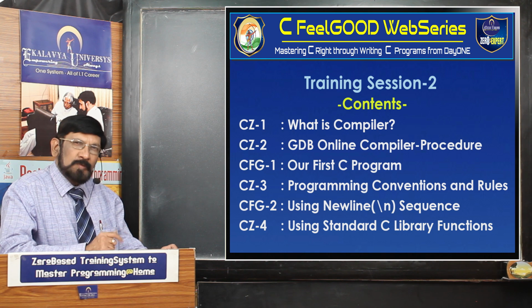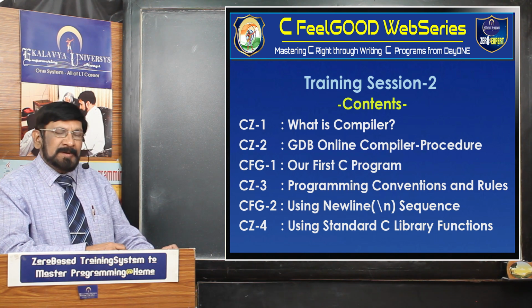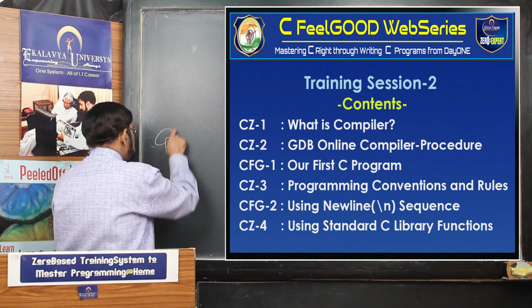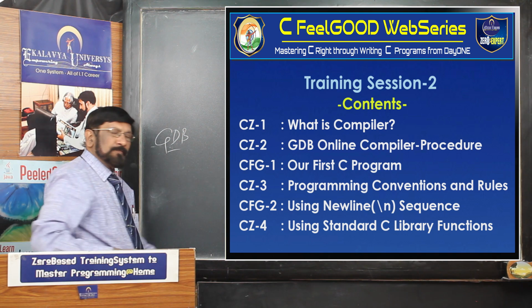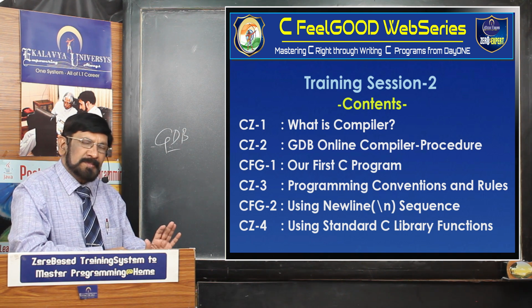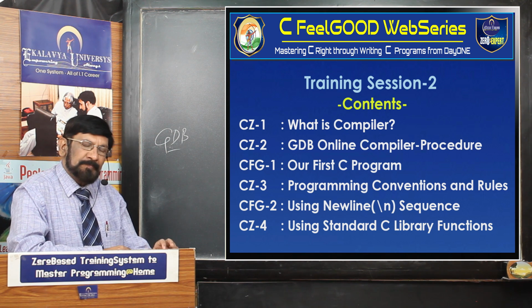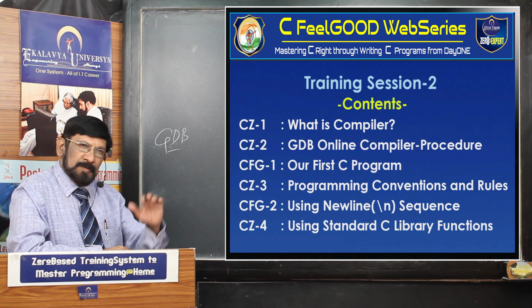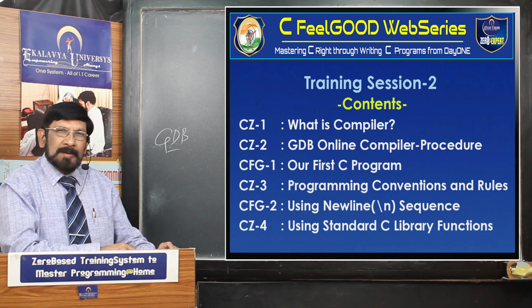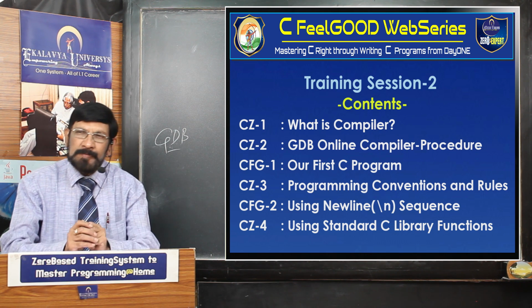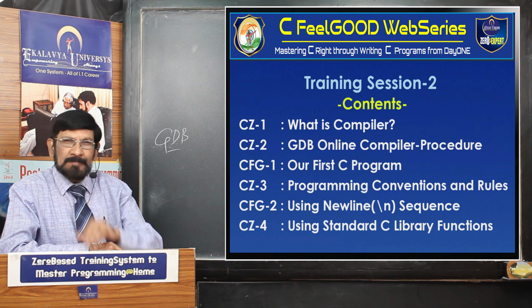Concept zone 2, second concept is GDP Online Compiler. I told you, for every language a specific compiler is there. But GDP Online Compiler is an app. By using this instead of a conventional C compiler, a lot of advantages are there, because it supports 20 plus popular languages. If you are writing a C program, you have to use a C compiler.